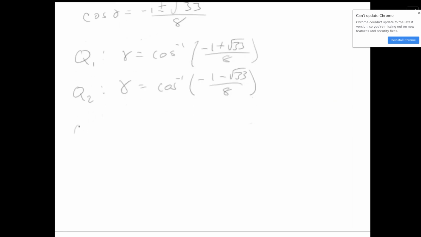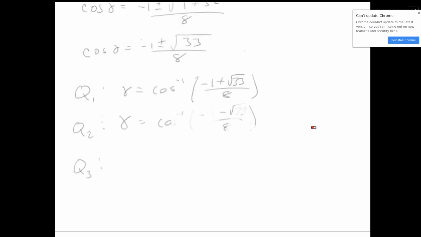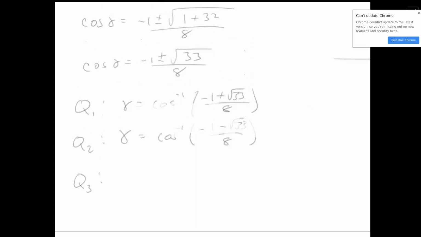Quadrant 3 is a little tricky. Okay, quadrant 3 is here where this angle and that angle are the same. So in order to do that, what I could do is take this.